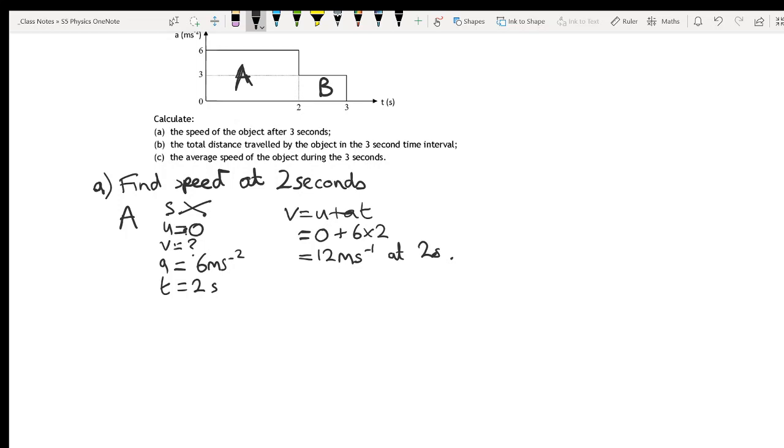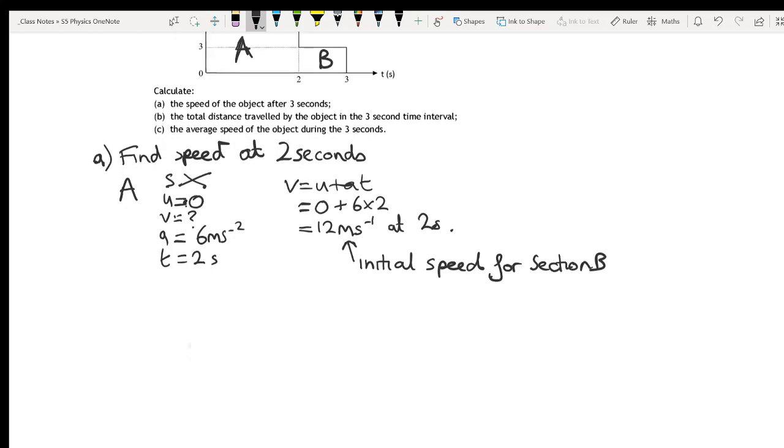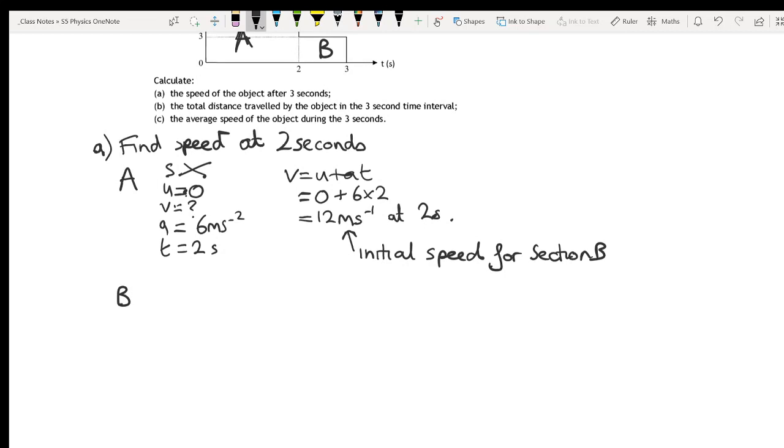But that's not finished. We need to find the speed after 3 seconds. So that is our initial speed when we get to this point. So, initial speed for section B. If we look at section B now, we do SUVAT. Initial speed is 12 meters per second.